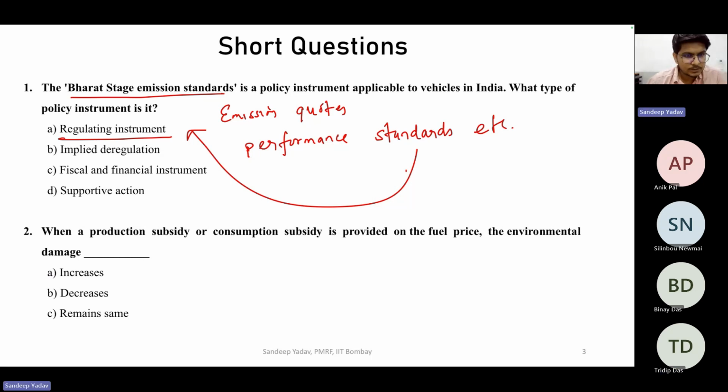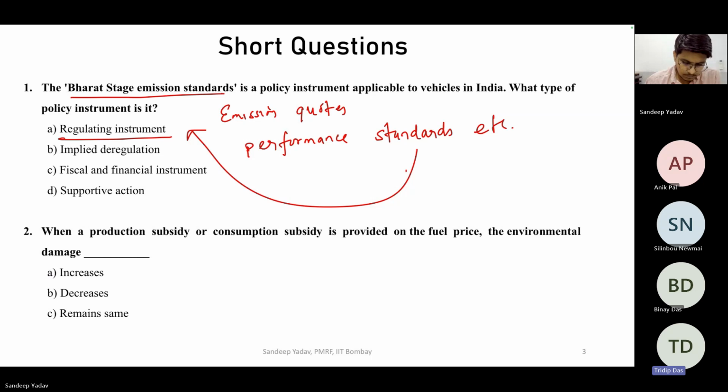Now question number two: when a production subsidy or consumption subsidy is provided on a fuel, does the environmental damage increase or decrease? That's a good question. Anybody want to answer? It increases, sir. How so?